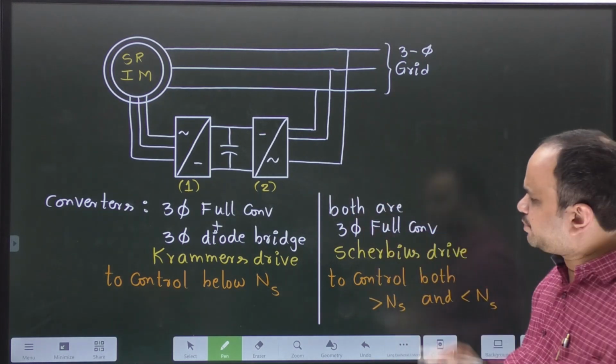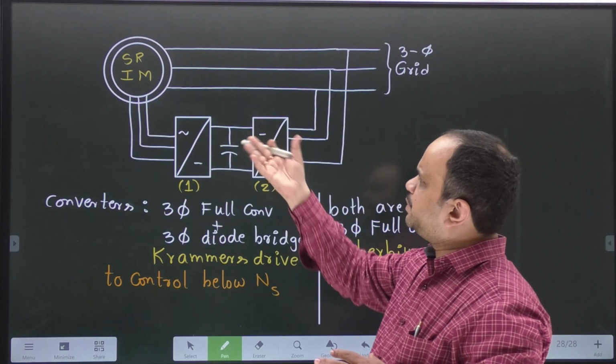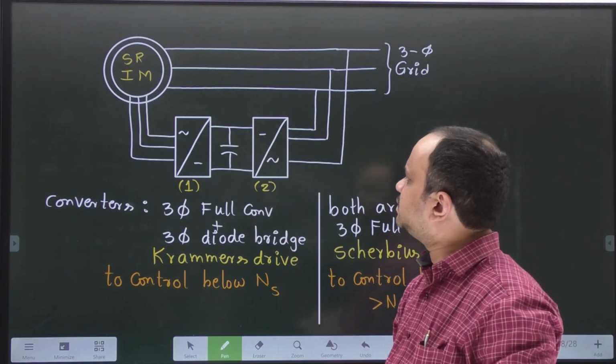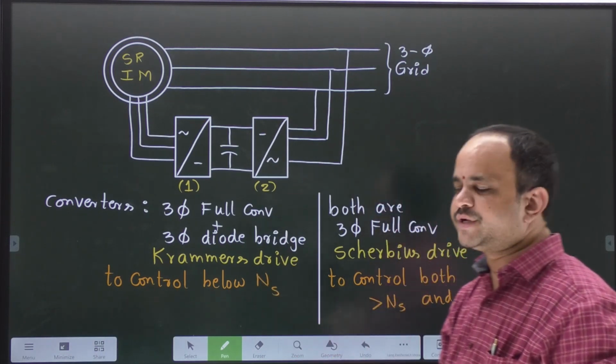Okay, so this is the concept called speed control of slip ring induction motor by using these converter circuits.